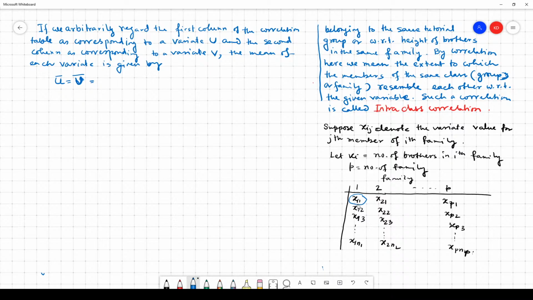if you consider x11, then you see that actually correlation means pair of values. So if you consider family 1 and look at the first value x11, then there are n1 minus 1 pairs formed with x11.